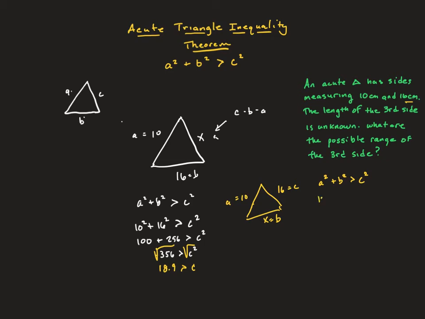So 10 squared plus B squared is greater than 256. I'm going to subtract this 100 from both sides.